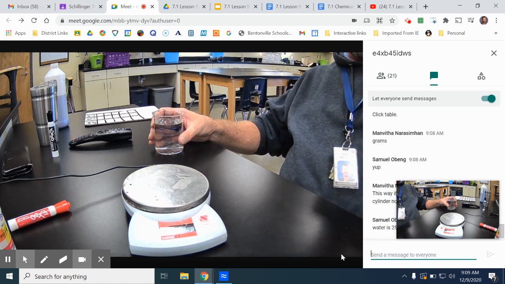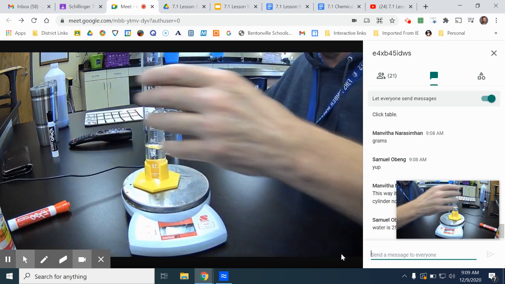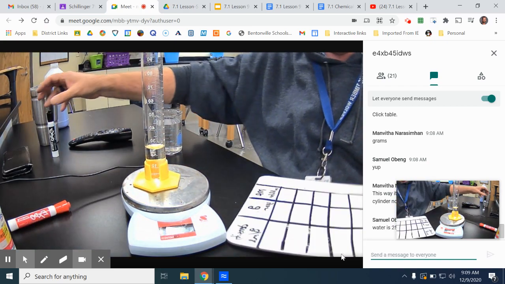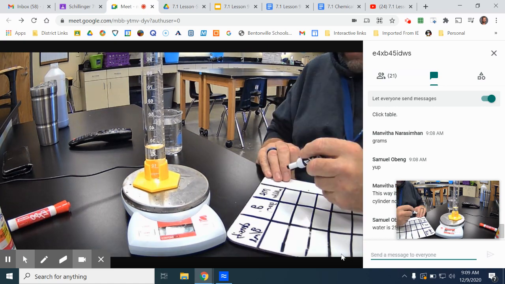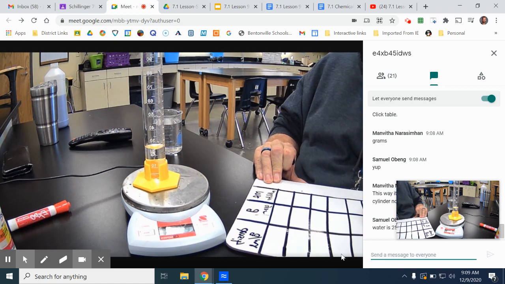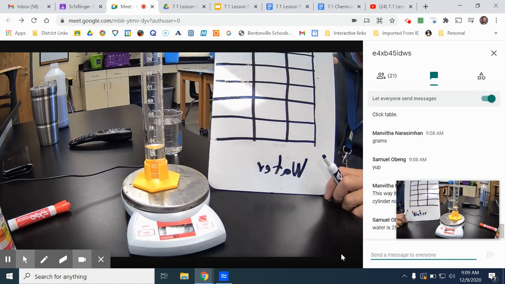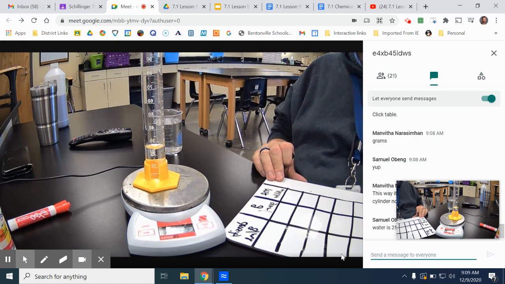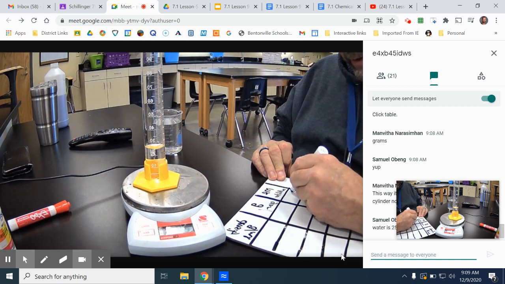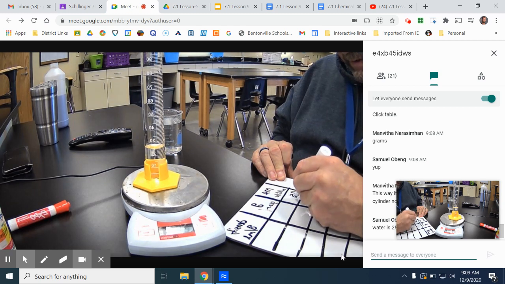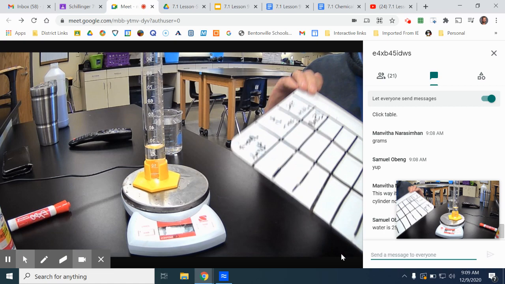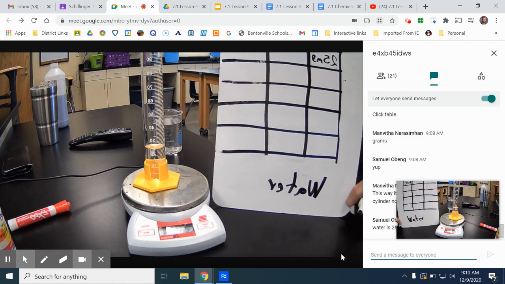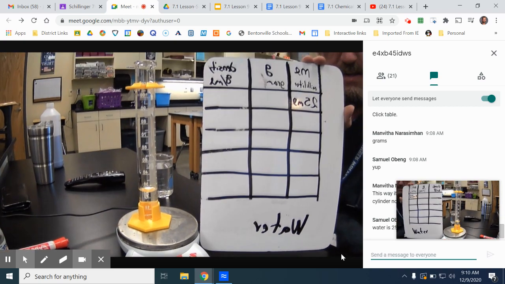Yes, you will put that in the very first column, and I'll show you here. So this is for water. So I got water right here, and I'm going to put down 25 milliliters.